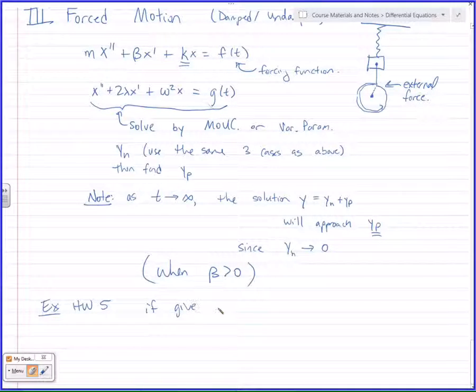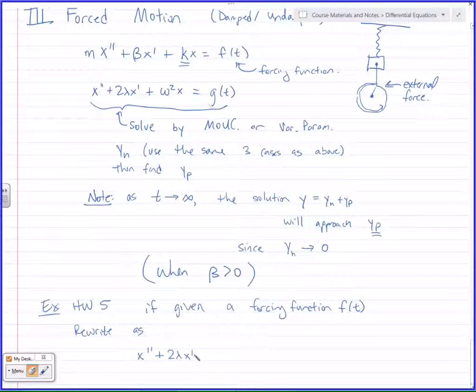If given a forcing function f of t, rewrite as x double prime plus 2 lambda x prime plus omega squared x equals g of t, where g of t is f of t divided by m. And solve this.